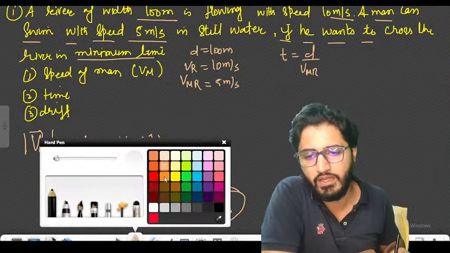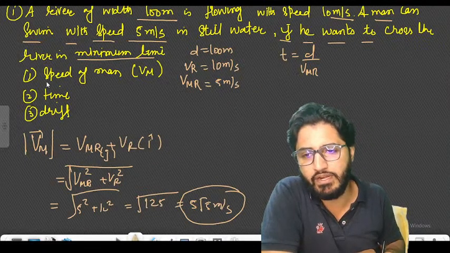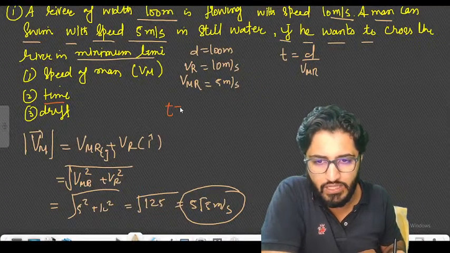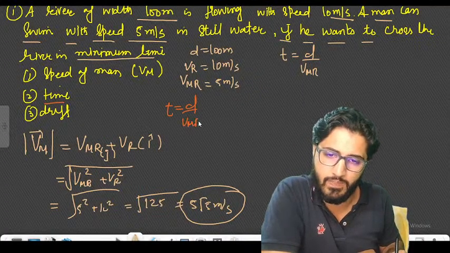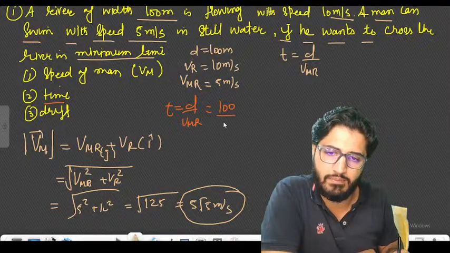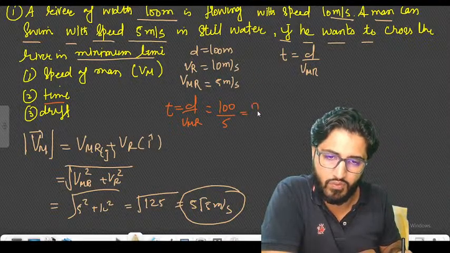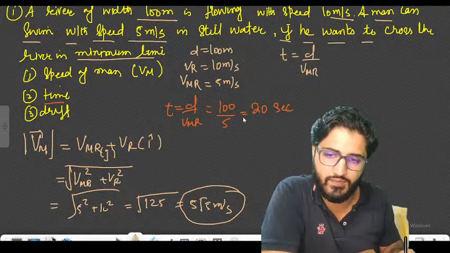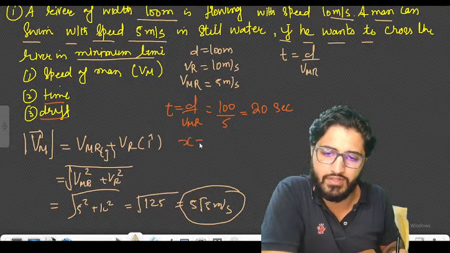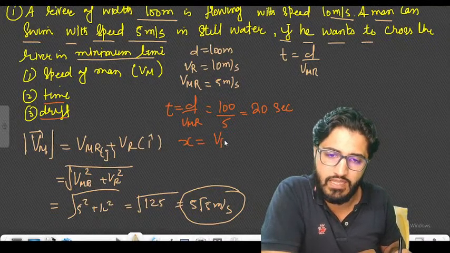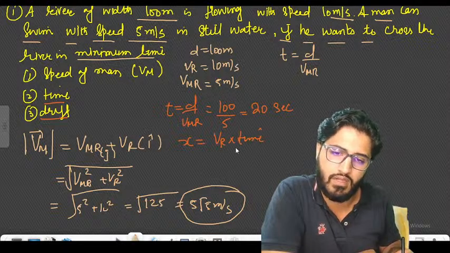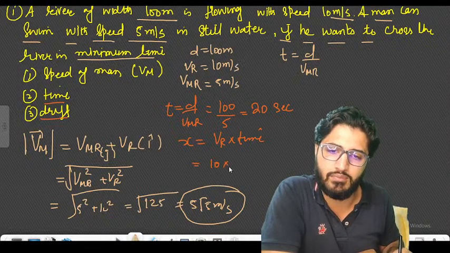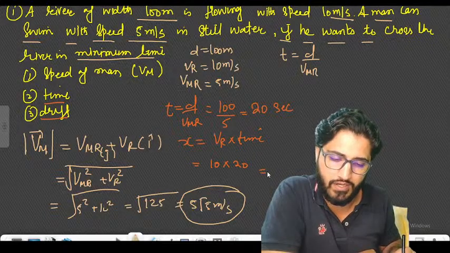First part done. Now second part is time. What is time now? T equals D divided by VMR only. D is 100, VMR is 5. My answer came out to be 20 seconds. Drift: drift x equals VR into time. VR is 10, time is 20, that means 200 meter.